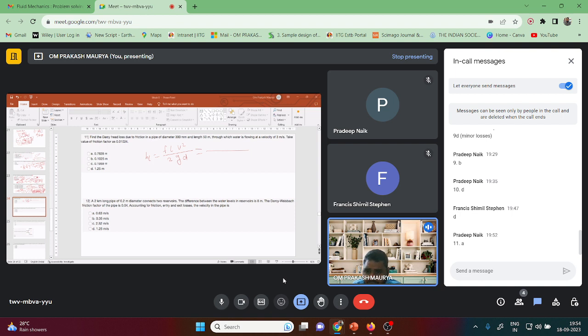Accounting for friction, entry and exit losses, the velocity in the pipe is what? This type of question is very important for your GATE exam also.